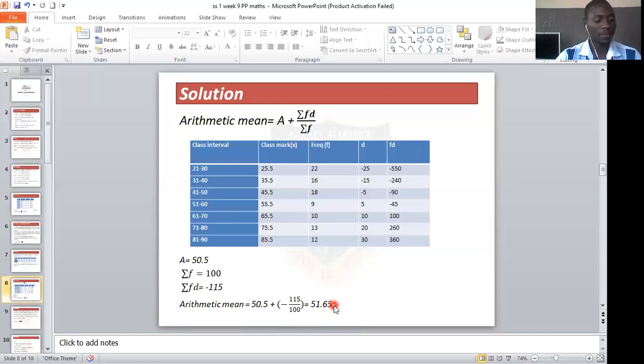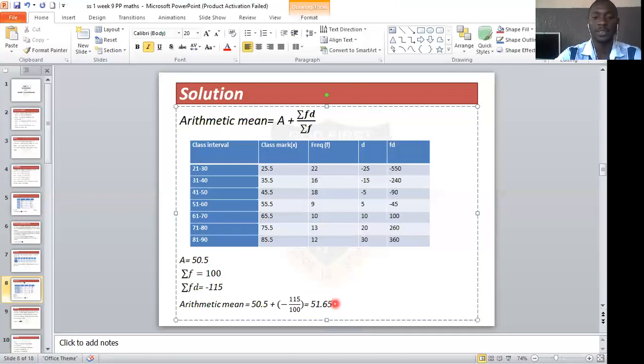Please get your calculator and calculate with me. 50.5 minus 1.15 will give you 49.35. So that's it, 49.35.